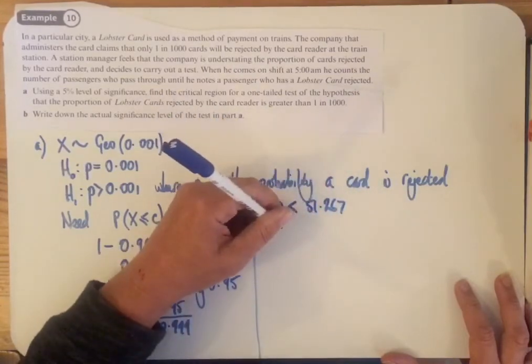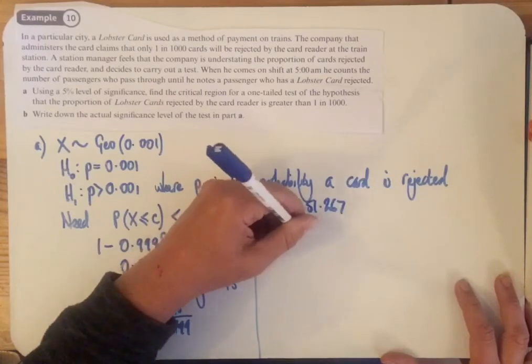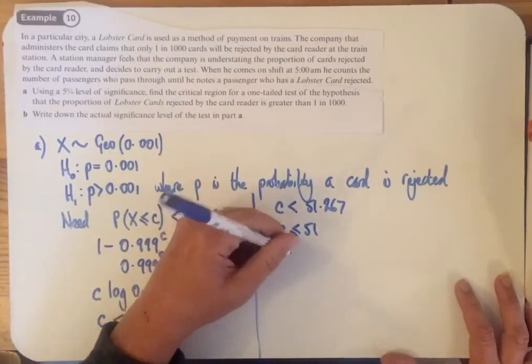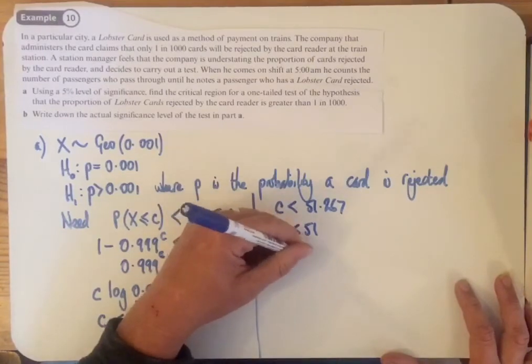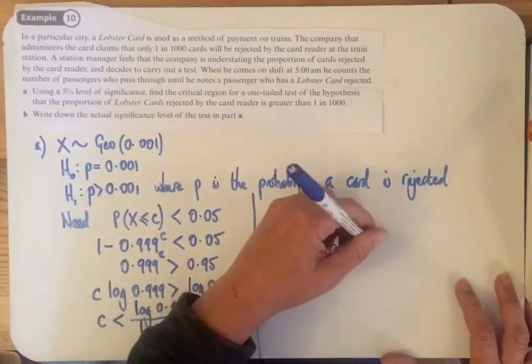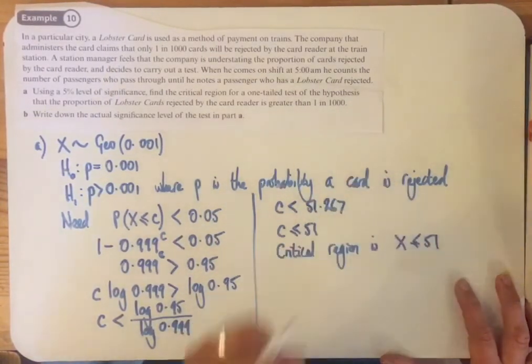C is an integer, so C is less than or equal to 51. So the critical region is X less than or equal to 51.